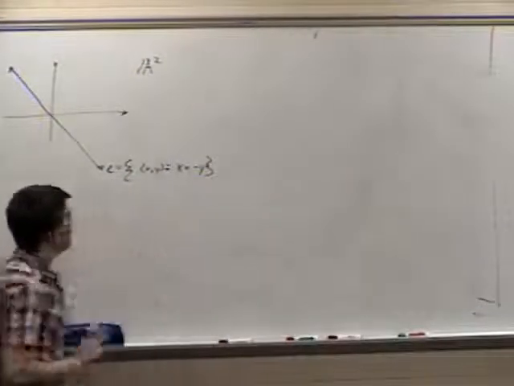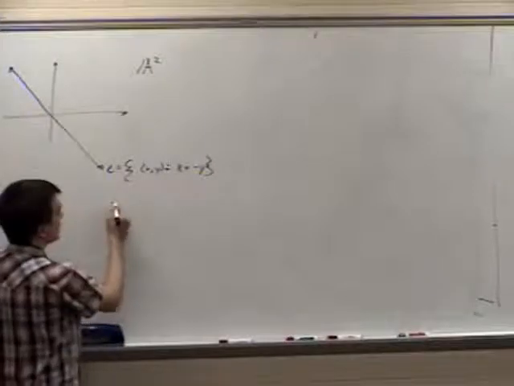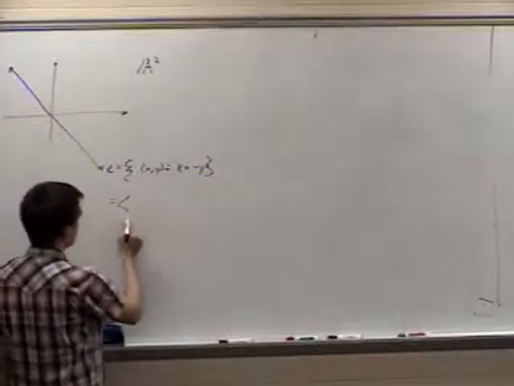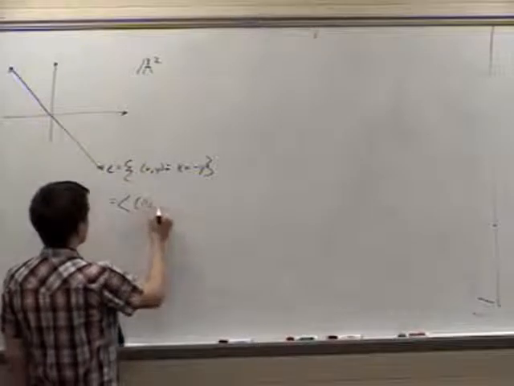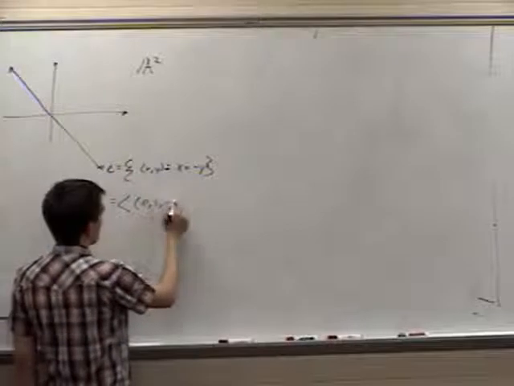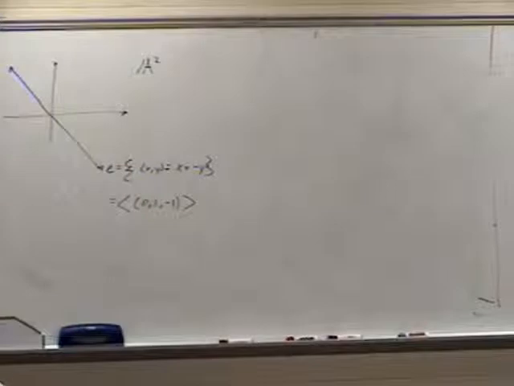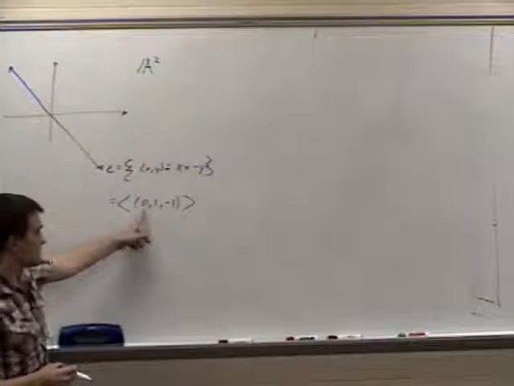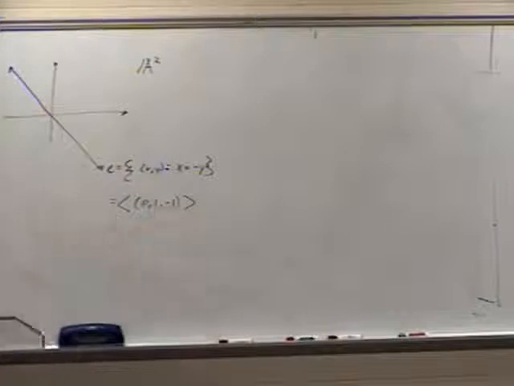This is just a boring affine line. Or if we write this in the notation that we have from before, we'll think of this as just being the point 0, 1, negative 1. We're thinking of w as the first component, and then x, y. So w, x, y. This is our line.